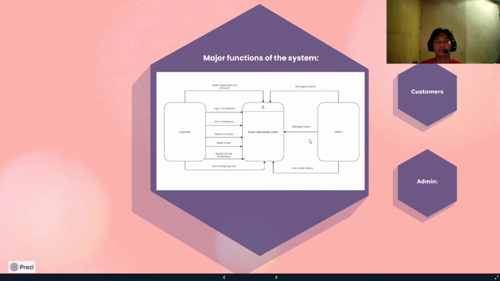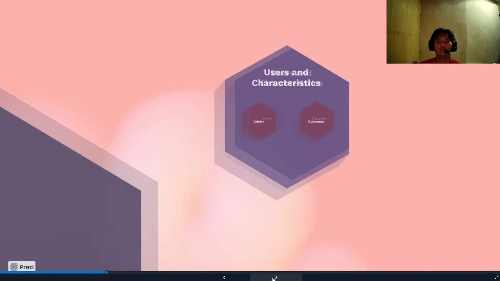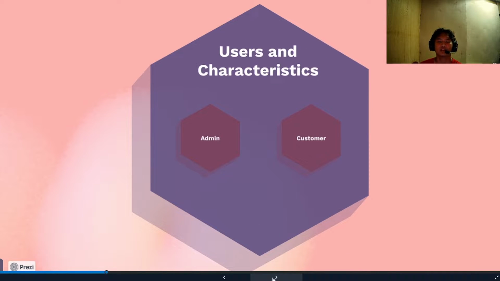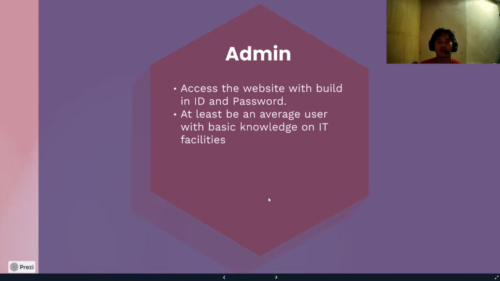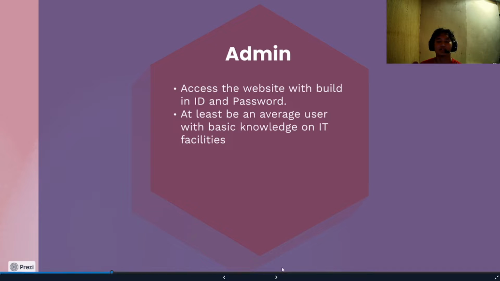The admin can manage the product, manage the orders, and also view the order history. Next are users and characteristics. The first one is admin. Admin can access the website with built-in ID and password. Admin also must at least be an average user with basic knowledge of IT facilities.